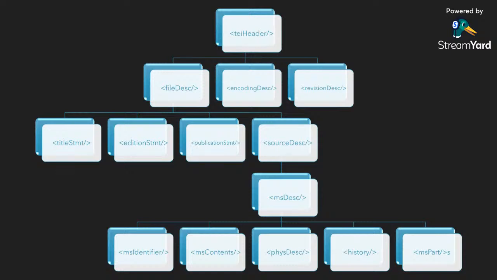So we have the TEI header and all the metadata that are relevant for the description of the object in its materiality. So we want to be focusing right now on the materiality of the object and not on what's written on it.